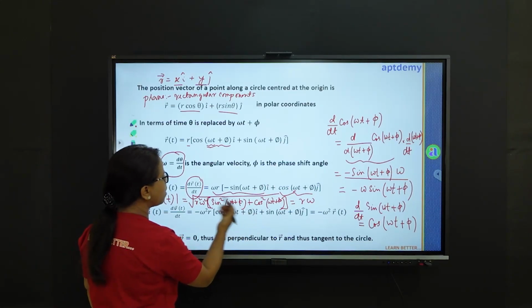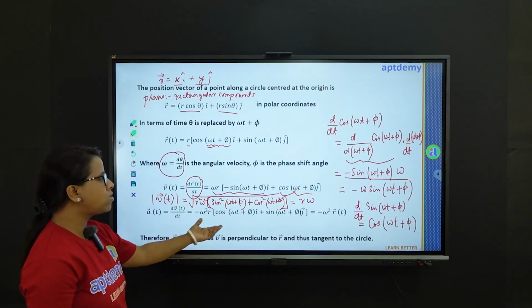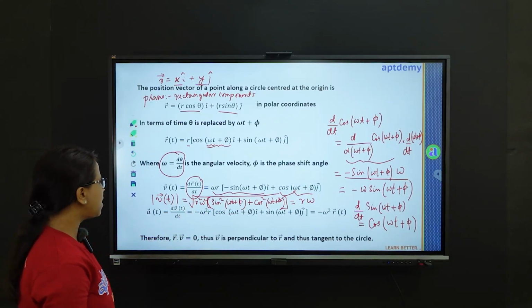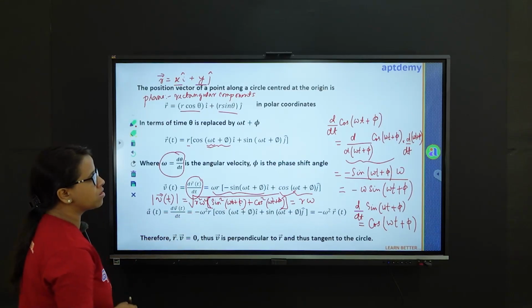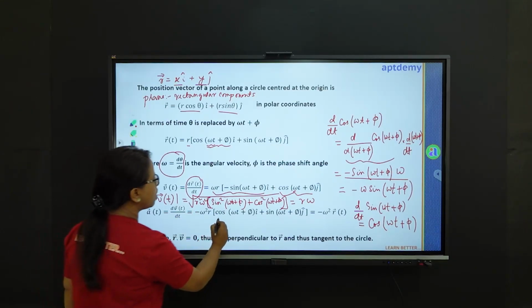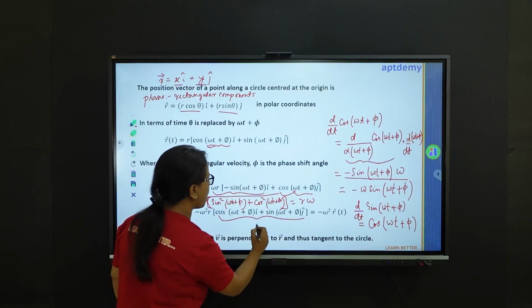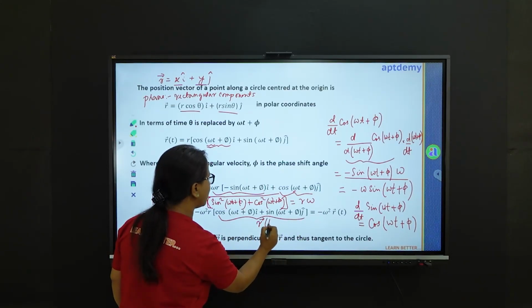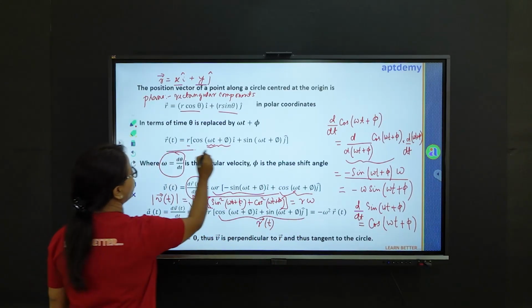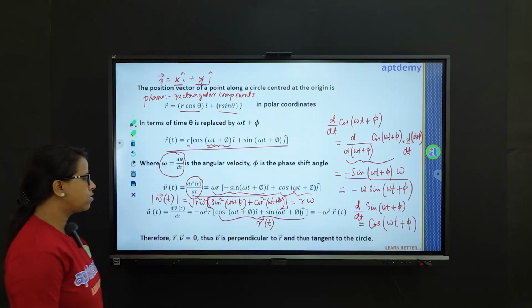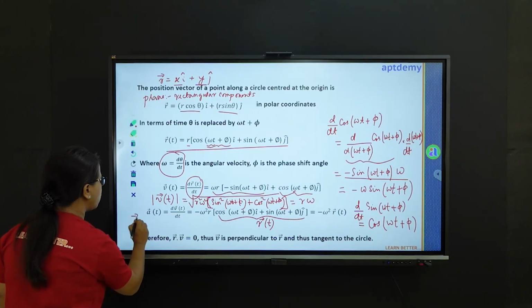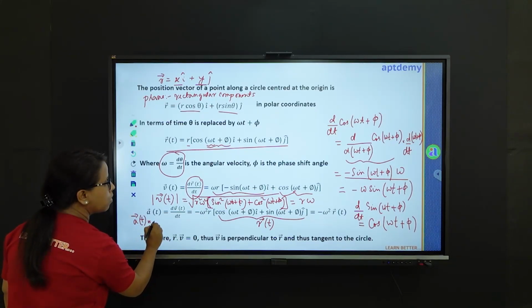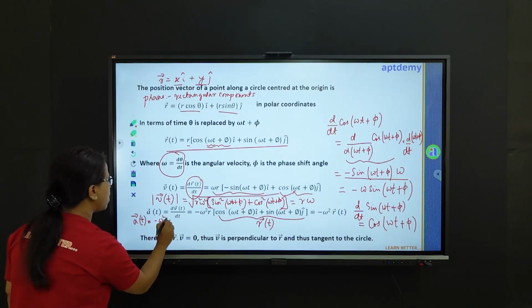So that minus sign can be taken out as it appears in both the terms. So ultimately we are left with minus r omega square, and this part, if you see, it is nothing but vector r of t, which we have got here. We have written this. So this is vector a of t, which is equal to minus omega square r of t.